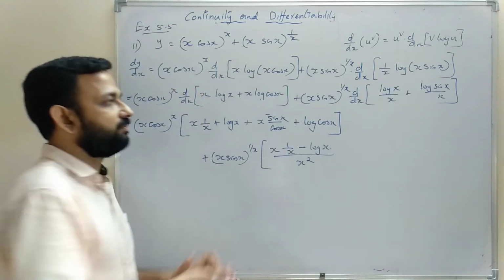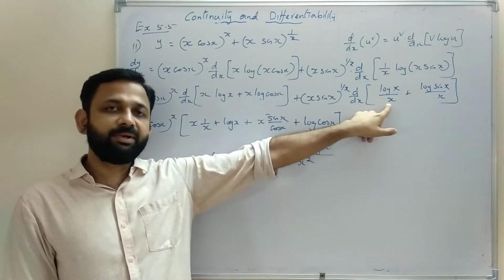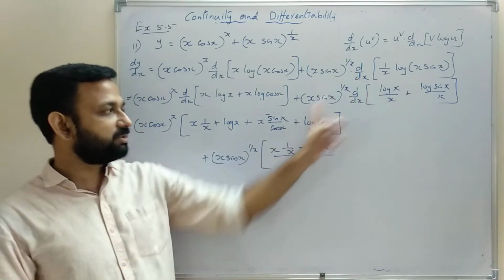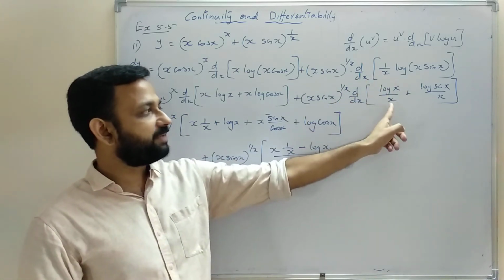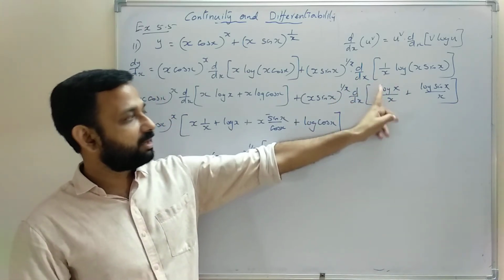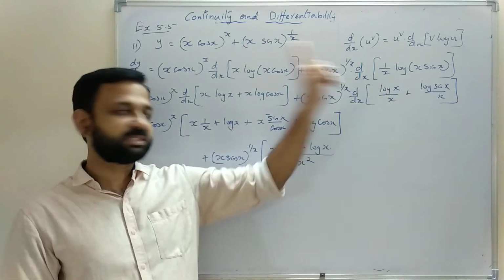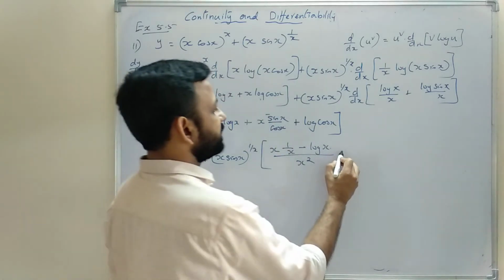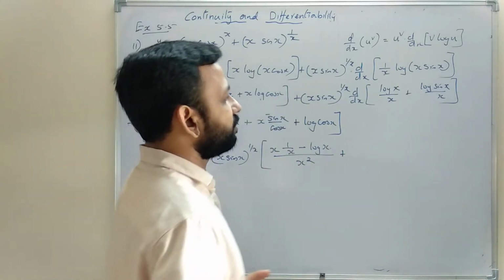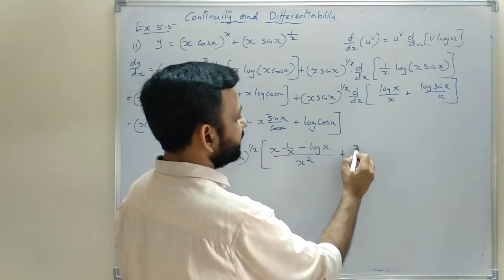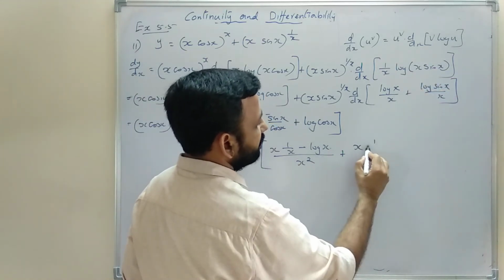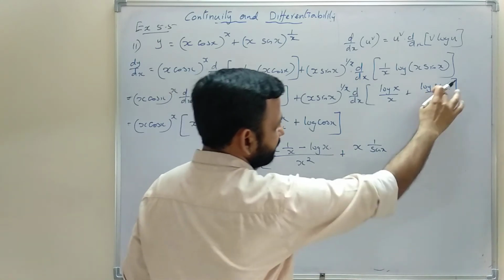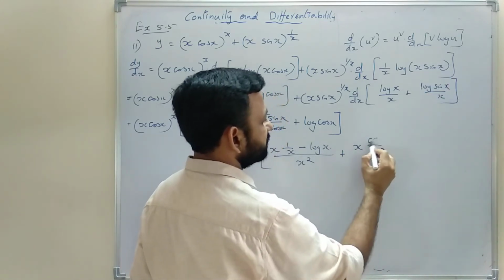Then plus again the same quotient rule: denominator into derivative of numerator, derivative of log sin x, that is 1 by sin x into derivative of sin x, that is cos x.